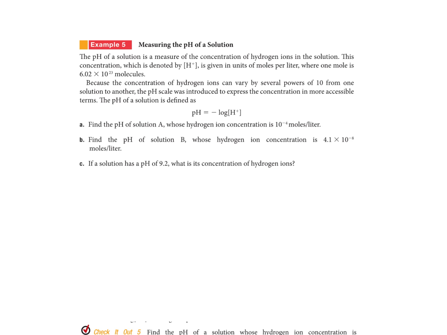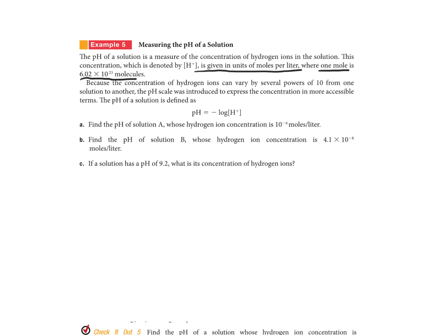Find the pH of solution A, where the hydrogen ion concentration is 10 to the negative 4 moles per liter. All right? So let's get all of this information. One mole is this many molecules, but H+ is given in moles per liter. So H+ is 10 to the negative 4.